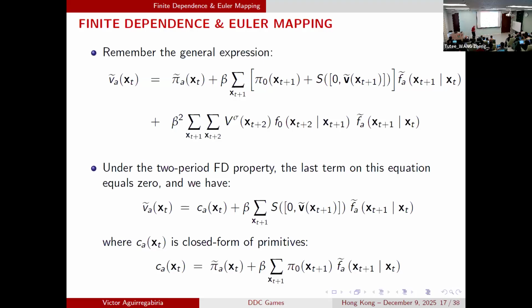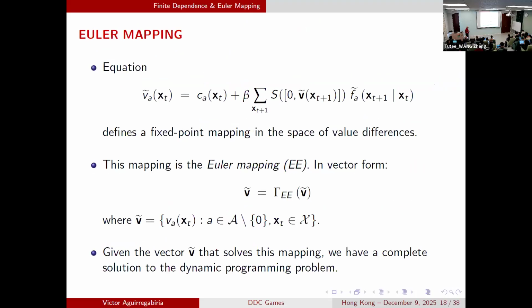Then you can see here that the McFadden social surplus is a key object for the properties of this mapping. We have one of these equations for every choice alternative, and of course for every state. This is what we describe as the Euler operator.